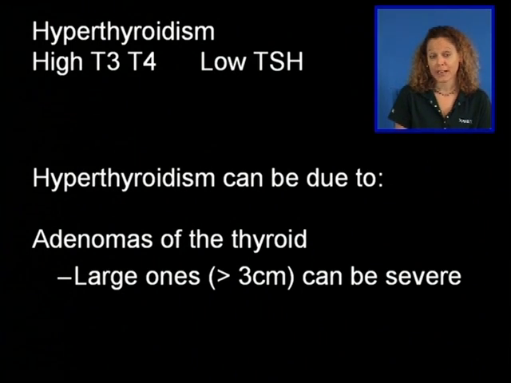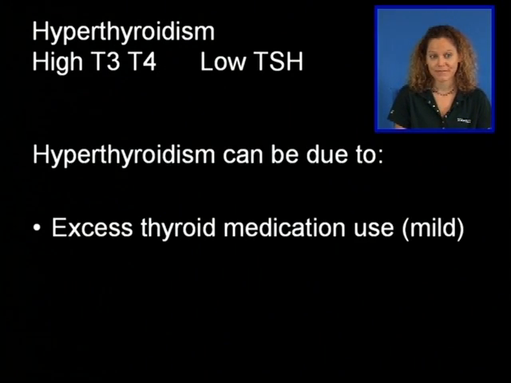Large ones that are greater than 3 centimeters can be severe. And in this case, we would again see high T3 and T4 levels with a low TSH. Hyperthyroidism can also be due to excess thyroid medications, and this can be a mild hyperthyroidism. But again, T3 and T4 is high, and TSH will be low.